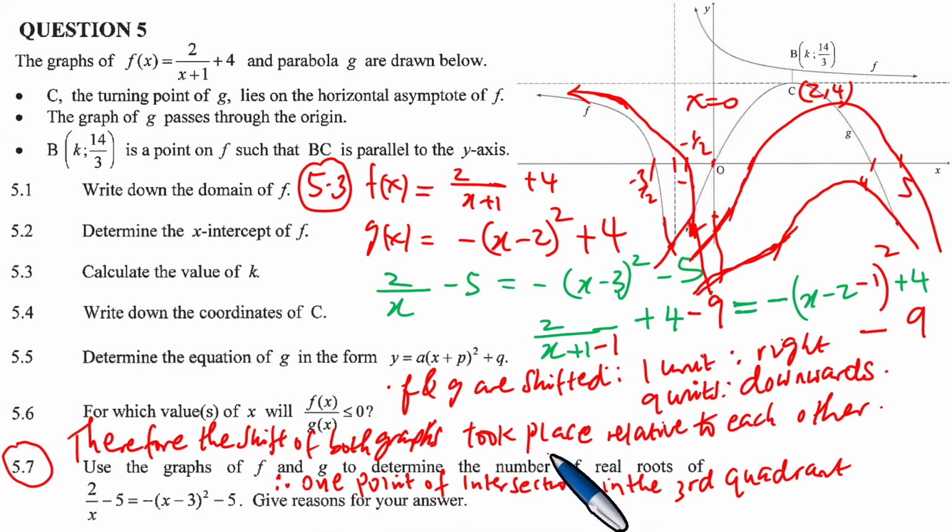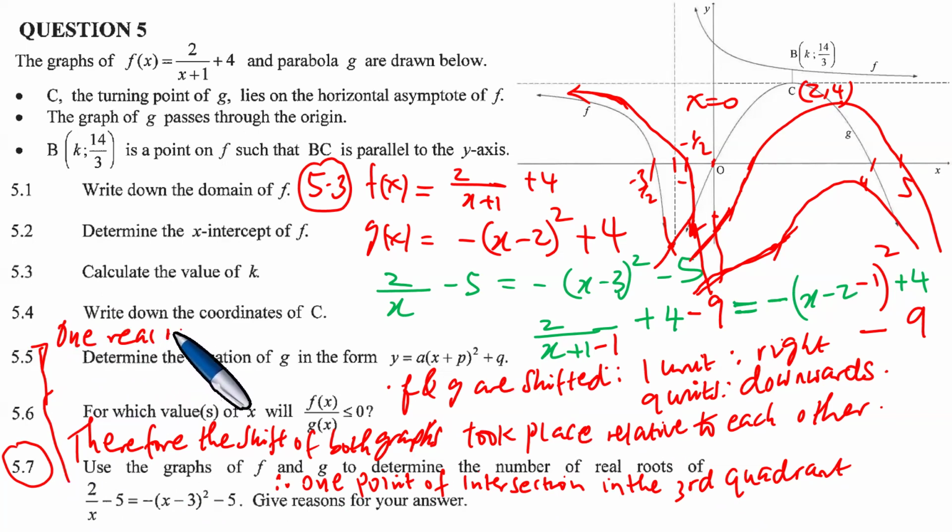Okay, what is the final conclusion then? So now, 1 point of intersection in the third quadrant allows us to make the following conclusion, and write it here, and say that because we use the graphs to determine the number of real roots, there is one real root.